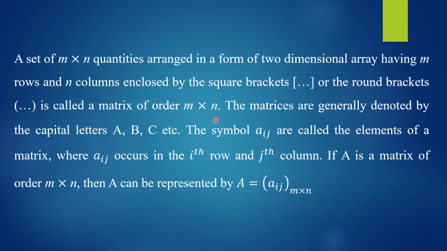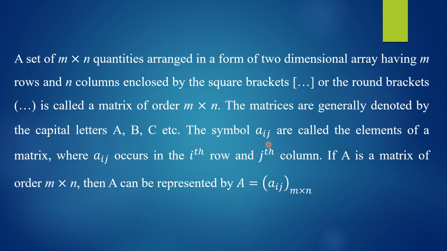Okay, so to represent a matrix, generally we use the capital letters of the English alphabet like A, B, C, D, etc. The elements, meaning the entries of the matrix, that is the objects or quantities provided to you, are generally denoted by Aij. Here this i and j are the row number and column number. i represents the row number and j represents the column number in which the element is situated.